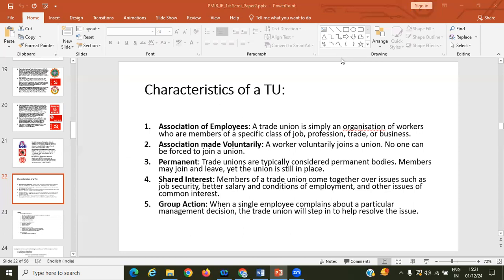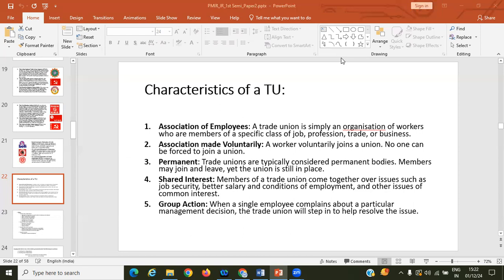These are the characteristics we understood: association, voluntary, permanent. These are the key words. Once you remember them, it is easy to write. The union is permanent, the union is voluntary, and association, group action, shared interest. So once you understand the basic thing, then you can write more and more on that.